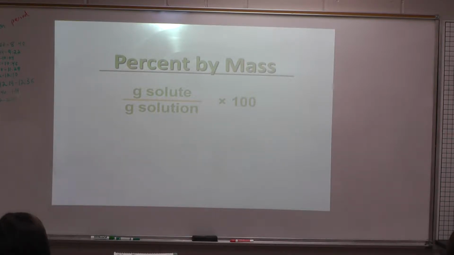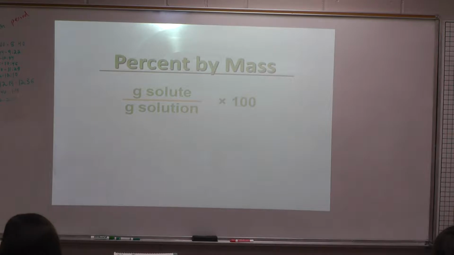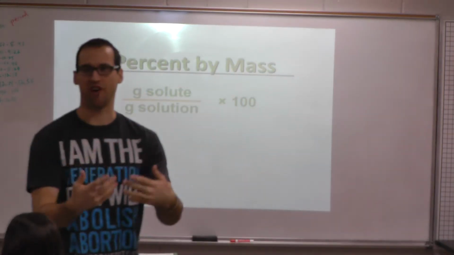That would be able to tell me, because if I said 14% of the solution is solute versus 40% of the solution is solute, which one's more concentrated? 40%. If 40% of the solution is made up of solute, that's going to be a more concentrated solution than 12% of the solution made up of solute particles. We're able to actually quantify a number.